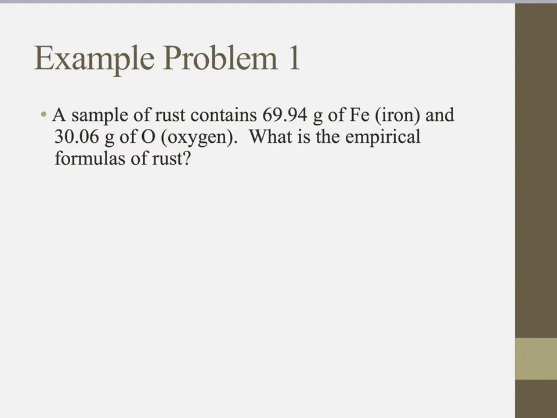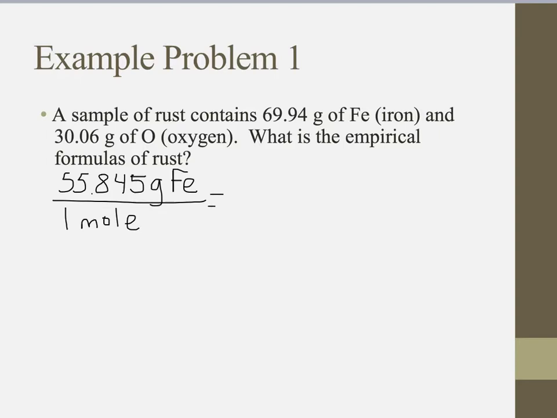The molar mass of iron is 55.845 grams of iron for every 1 mole. But we don't have 55.845 grams of iron. We actually have 69.94 grams. So it looks like a little more than a mole.